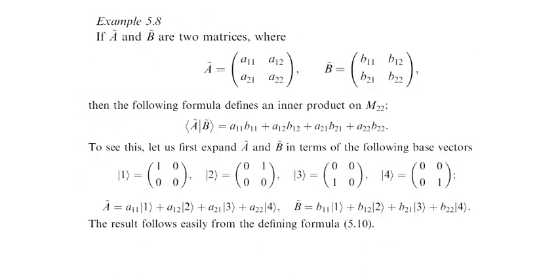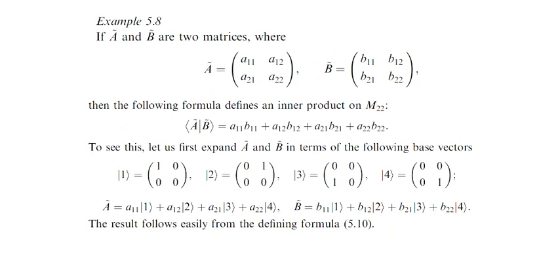Now let's go to an example of two square matrices, 2 by 2 matrices A and B, which are given like this. We had already seen, in the case of the linear vector space in the previous lecture, that we can define four linearly independent basis vectors in terms of which any 2 by 2 matrix can be expanded in the linear vector space M22.